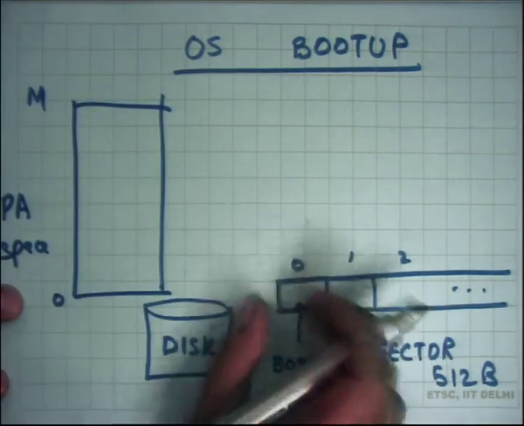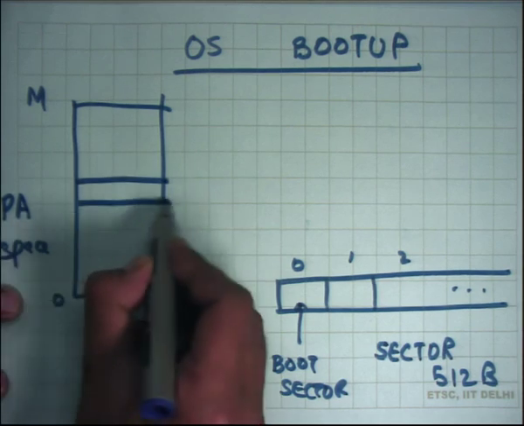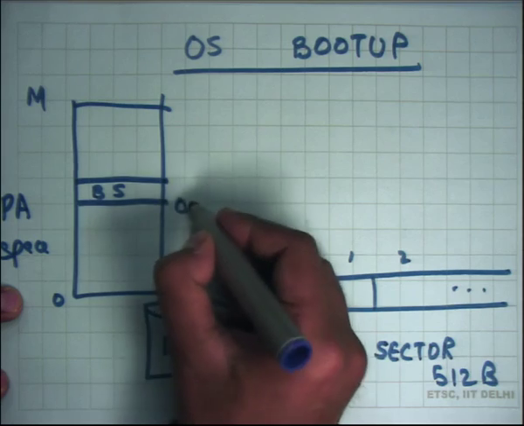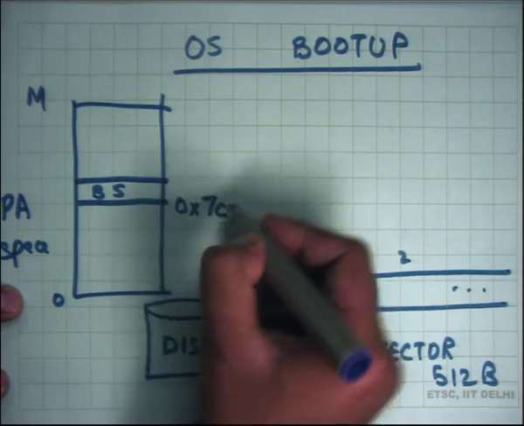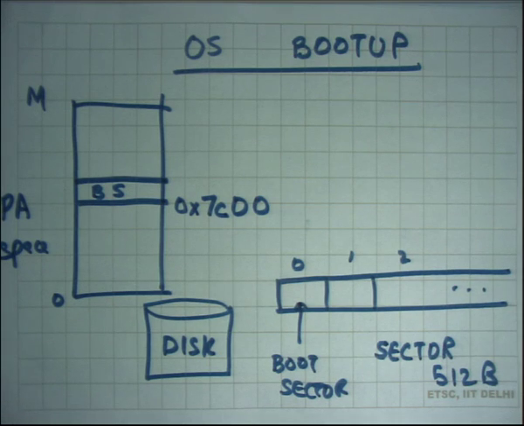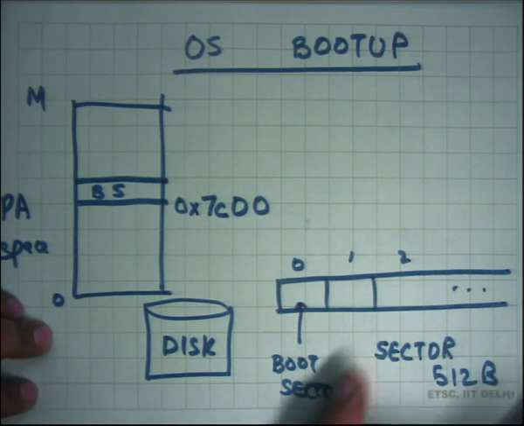It's going to copy these 512 bytes, the boot sector BS, and the address it loads it at is 7C00. These addresses are just historical in nature. This must have been the address used back in the 1980s, and it continues for backward compatibility, so that an operating system written in 1981 should still run.